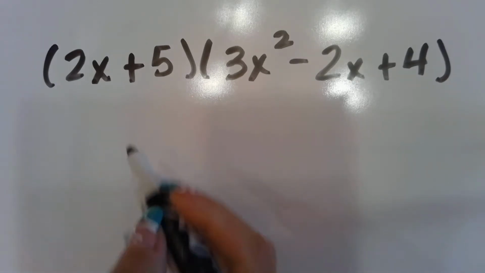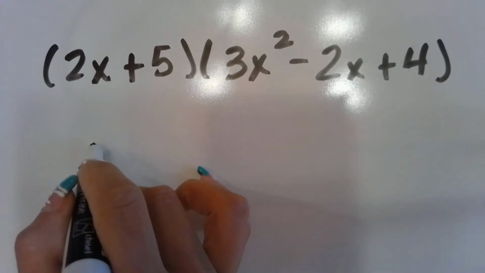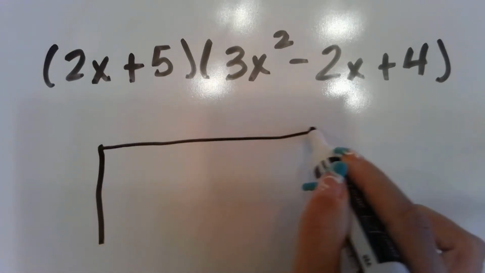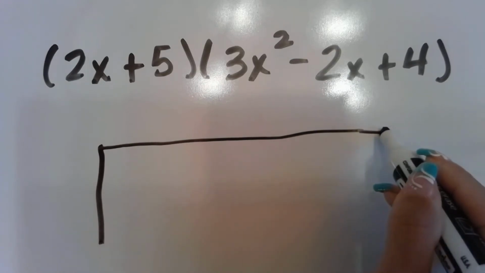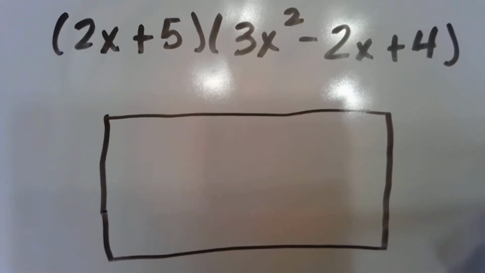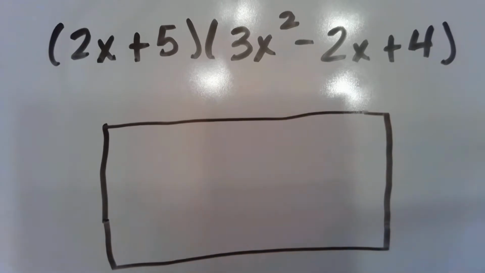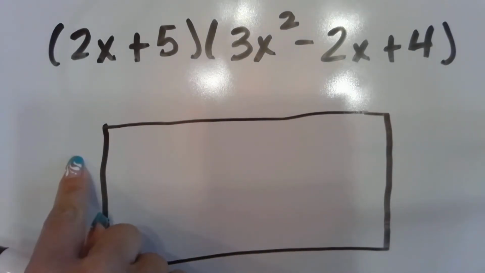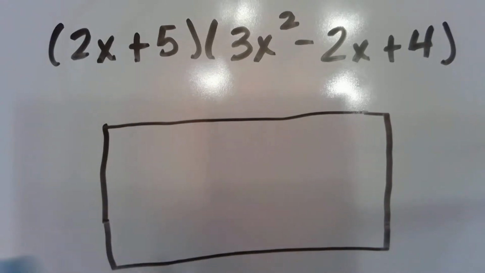When we do this, I know we have to make a box big enough to fit each of these terms. As you can see, my box is a lot bigger, and you're going to understand why. This is my box, and I know I'm going to be putting these two here. 2x is going to go here and 5 is going to go here.